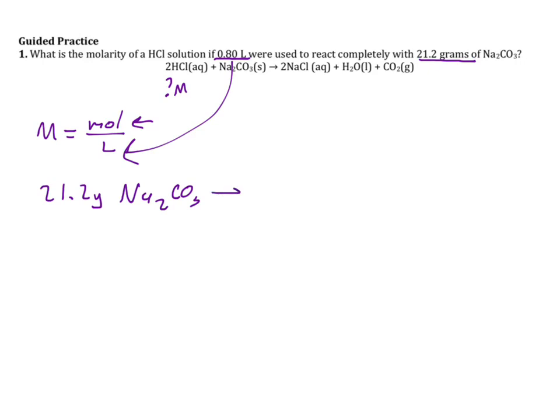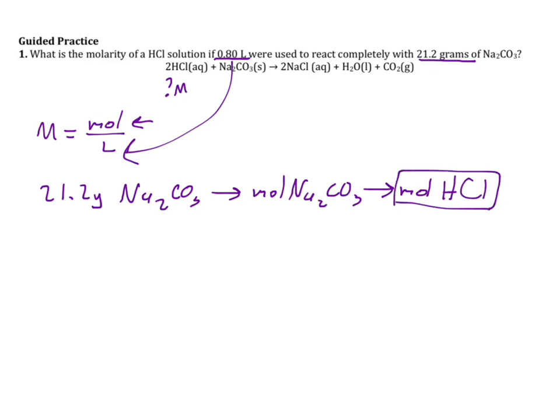And we can go from grams of sodium carbonate to moles of sodium carbonate. And again, once we have moles of one substance, we can convert it to moles of another substance. And once we convert it to moles of HCl, we can then plug it into there. And it's that simple, so let's go ahead and do this.